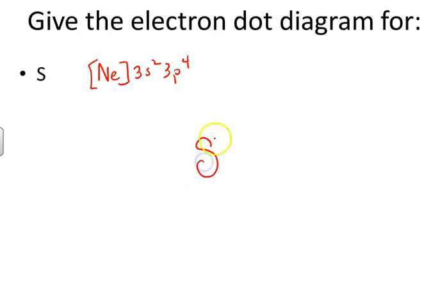So sulfur, with the symbol S, looking at the orbital notation is, I think, helpful. This would be the orbital notation, so we've got a pair of s electrons, and then we've got a pair of p electrons and 2 single p electrons.